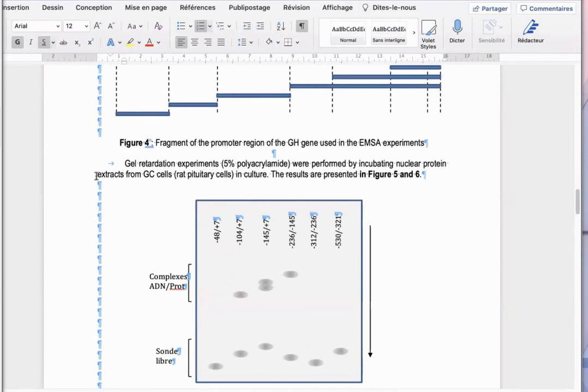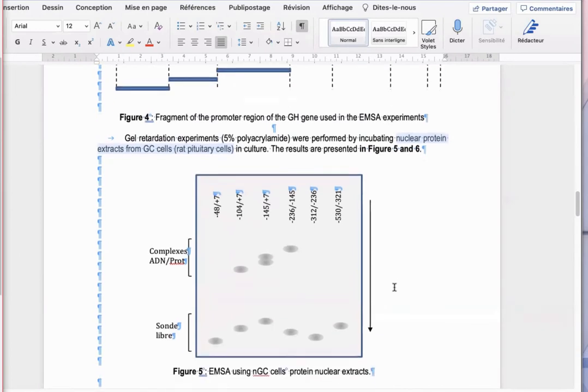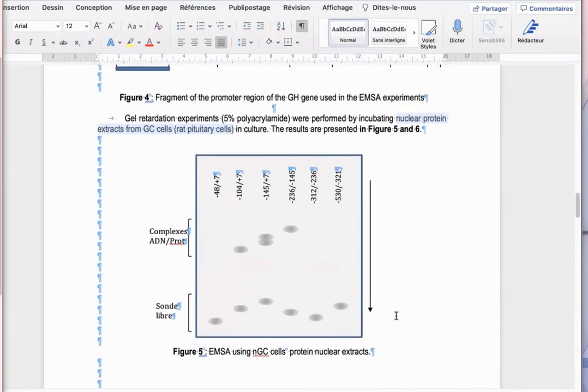This was done using nuclear proteins coming from pituitary cells, which is very important because the protein extract has to be made from the tissue in which the gene is active. Okay? And they show you the result of this EMSA.